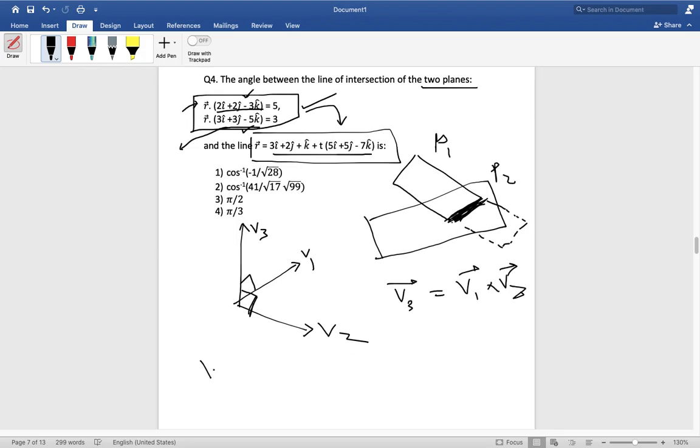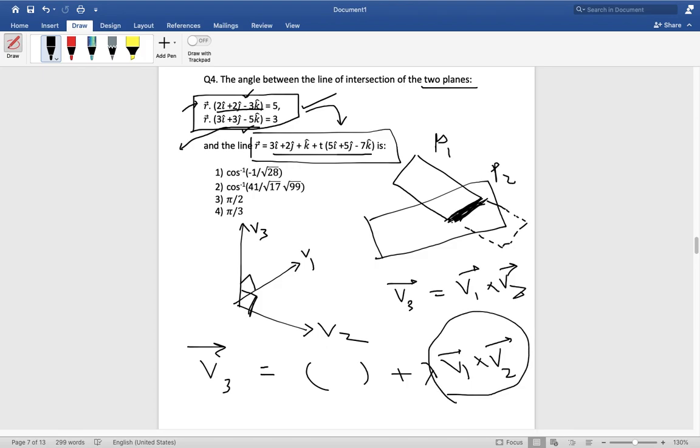Now if we write the line as one point plus lambda times v1 cross v2, where v1 and v2 are the normal vectors, and this is the third line. So first we do the cross product of these two vectors and we find out this vector, and then we are given this vector, the line is parallel to this vector.